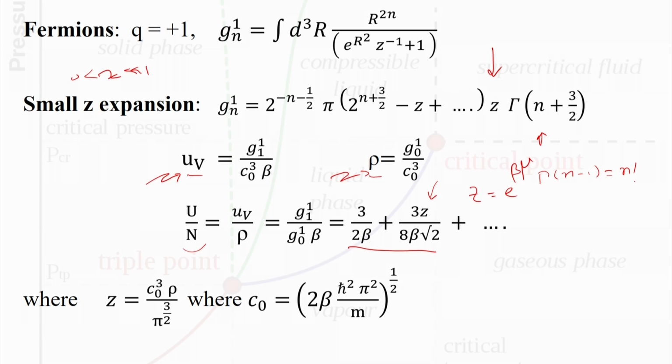Maybe I do not care about this. So, what I should be doing is rewriting my Z in terms of things I do care about, which is the density of particles. And it so happens that this expression is simple enough that it allows me to invert it. Remember that when Z is small, I can throw away all these other terms, and then the inversion becomes straightforward, and it is a linear relationship.